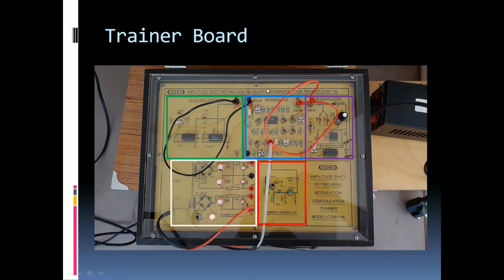These two ICs in combination provide divide by 256 operation, and hence the frequency of the digital data generated is approximately 16 kilohertz.